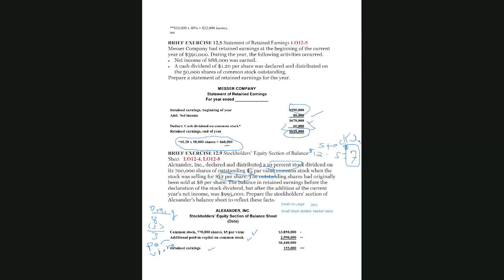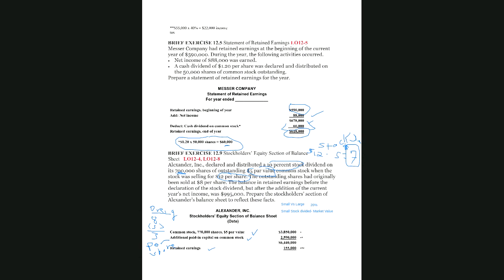First question: what amount gets capitalized to the common stock account at year end? At year end, what is the dollar value that is going to be capitalized in the common stock account? If we go back to the problem, originally this corporation had 700,000 shares of stock outstanding.